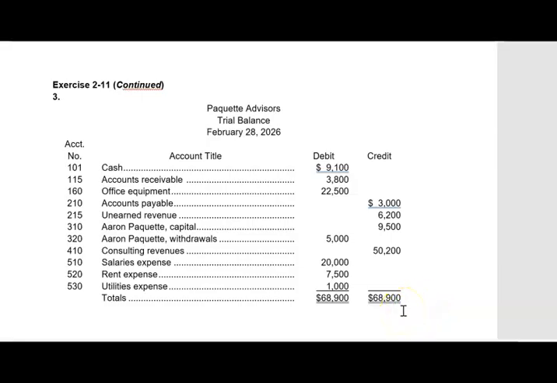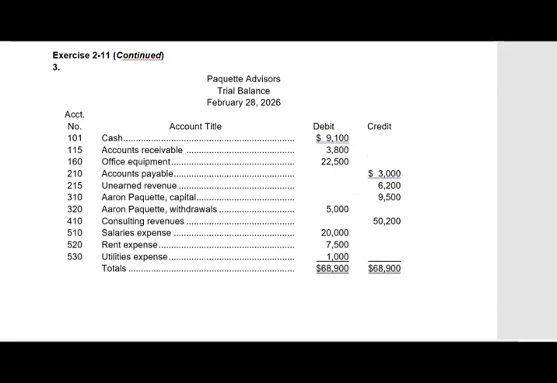Okay. And then from there, it wants us to create our income statements. So we need to create our financial statements. I gave away the punchline. So the first thing we're going to create is our income statement.